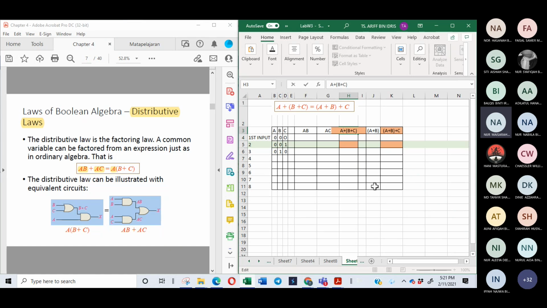AB plus AC, and then the following one is A, the following one is B plus C, and finally you want to end A, B plus C.